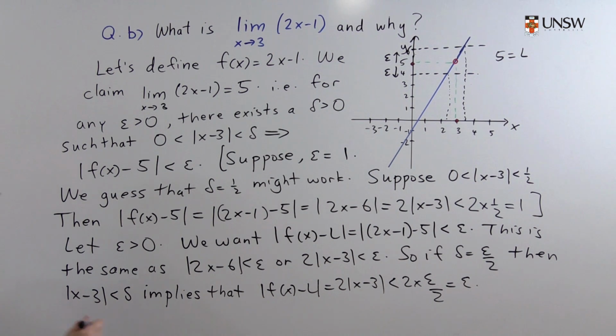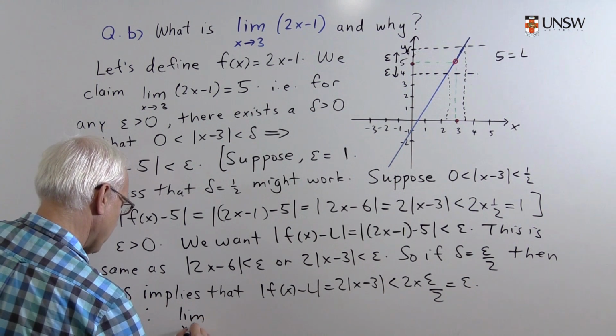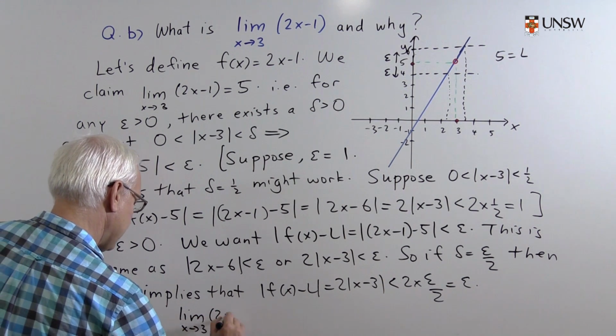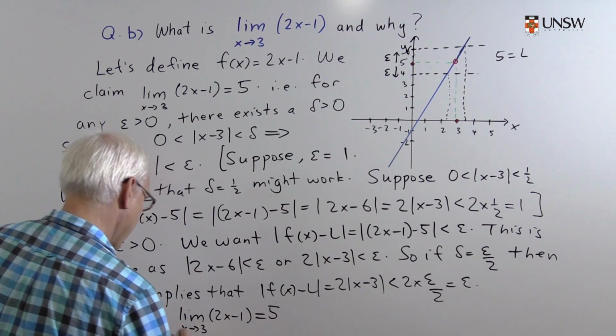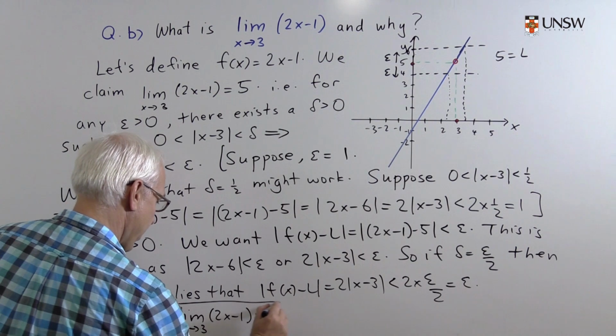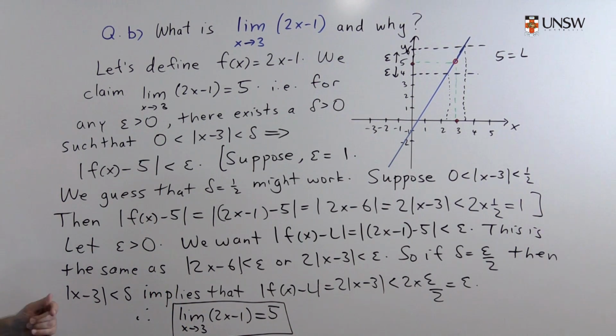So this proves, therefore, that yes, indeed, the limit as x approaches 3 of 2x minus 1 is, in fact, 5, as the diagram suggests. And we've shown that the key is to follow the Cauchy-Weierstrass idea.